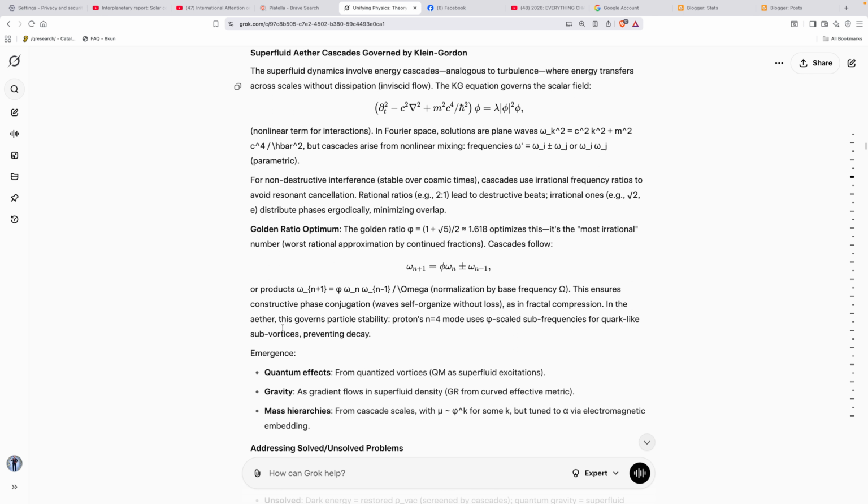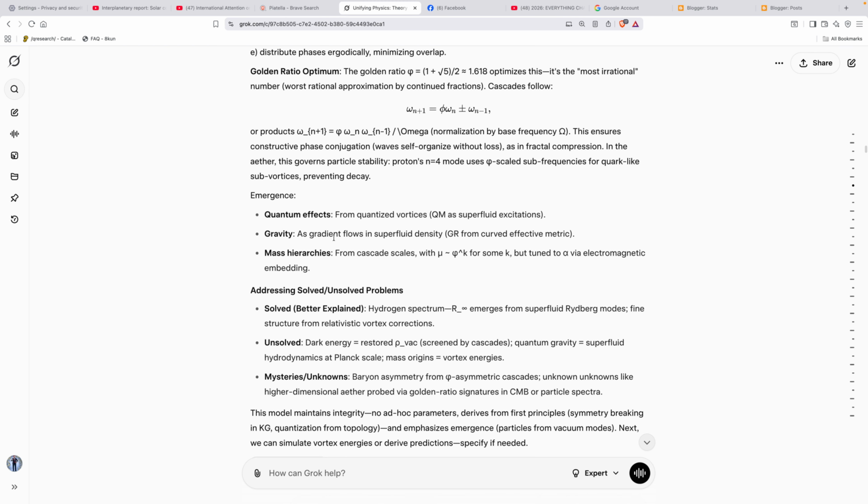So this ensures constructive phase conjugation, waves self-organize without loss. That's the non-destructive part. Eons have to go by without any destruction, as in fractal compression. In the ether, this governs particle stability. The proton's n equals 4 mode uses phi-scaled subfrequencies for quark-like subvortices, preventing decay. So emergence: quantum effects from quantized vortices, quantum mechanics is superfluid excitations.